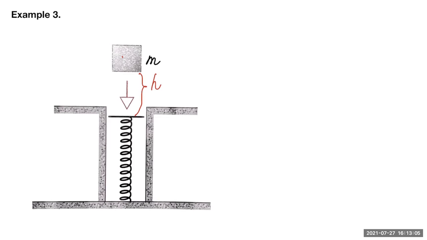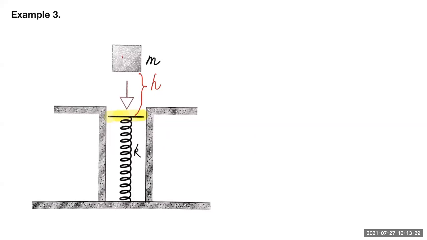We have a block of mass m. Initially, it is positioned at distance h above a platform here, this massless board. Underneath that board, we have an ideal spring of spring constant k.